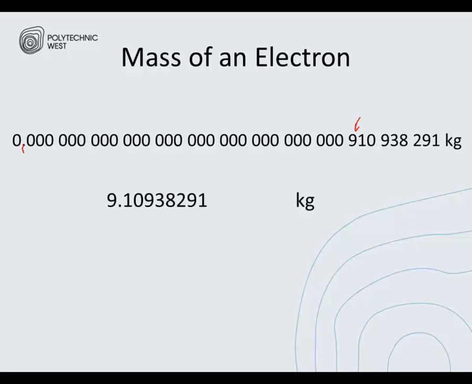So we start from here and we go 1, 2, 3, and so on up to 31. So we went that way by 31. And because we went that way, it's negative, and we got times 10 to the minus 31. A lot easier to deal with.